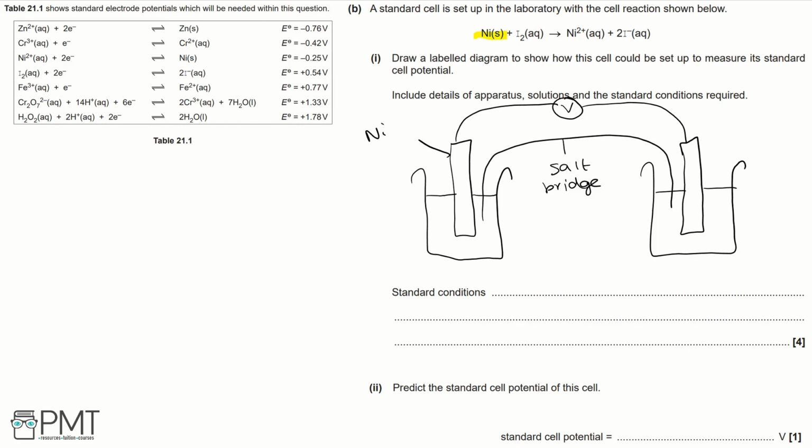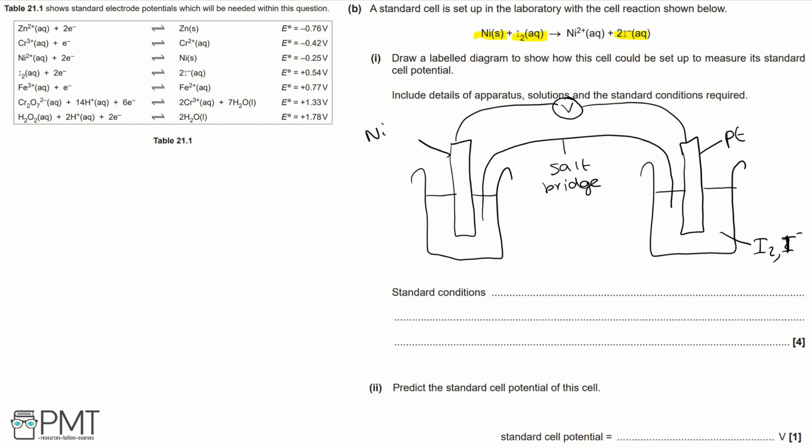But the iodine and iodide parts of this equation are both aqueous, so they cannot be an electrode. Therefore, we're going to use a platinum electrode, and in the ionic solution we will have I2 and I-.